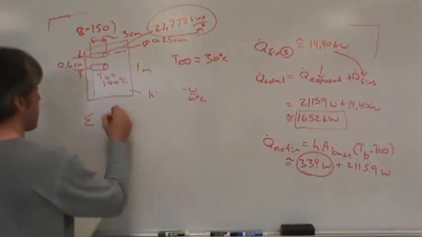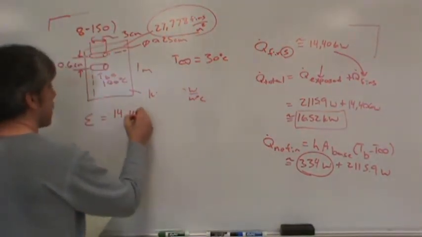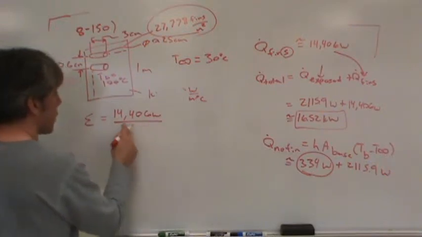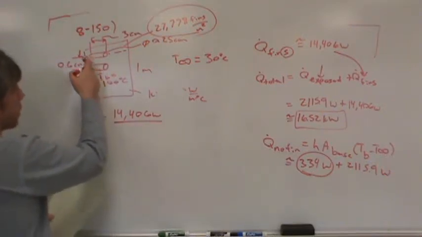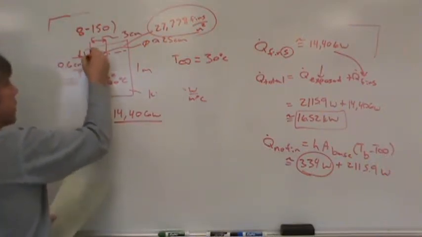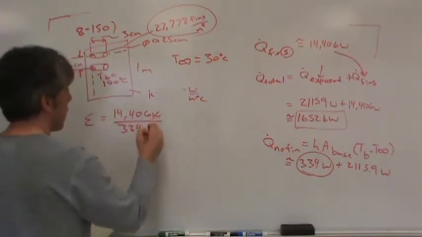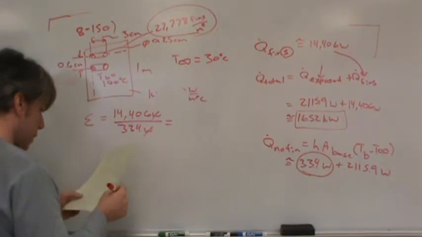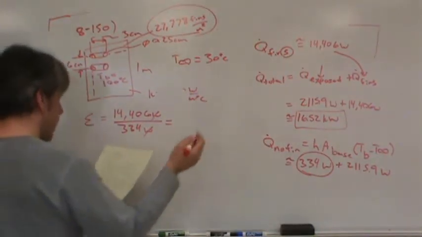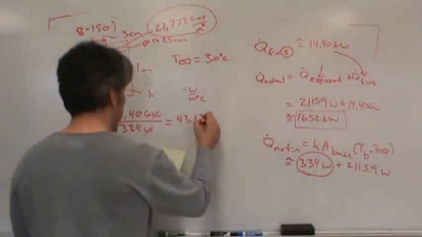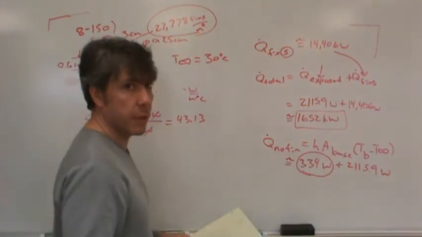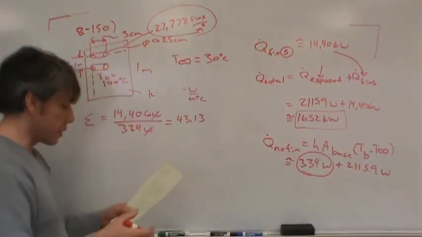It's obvious that they're extremely effective. 14,406 watts versus the heat transfer that the base area was giving us in the first place, all that base area, which was 334 watts, right? That effectiveness is 43.13, which is obviously much larger than 1. So it's obvious these are doing a great job.